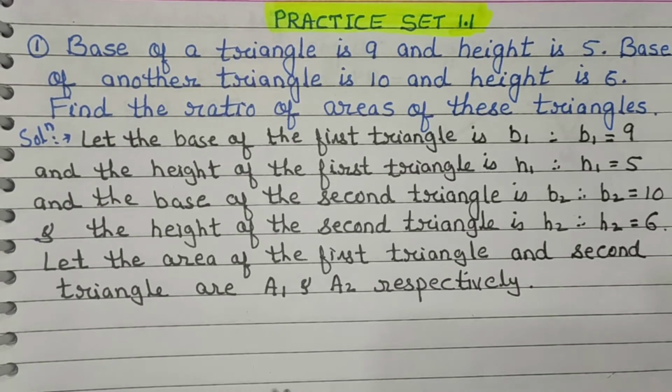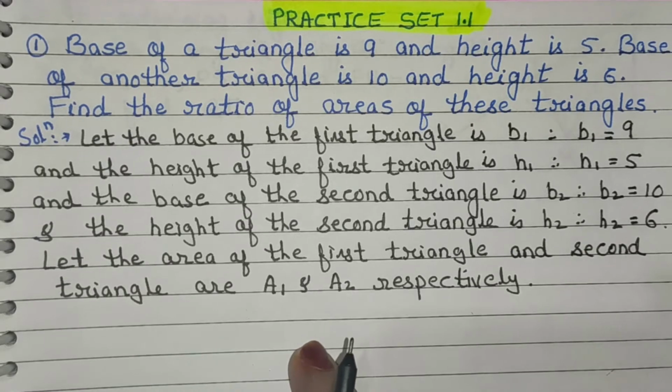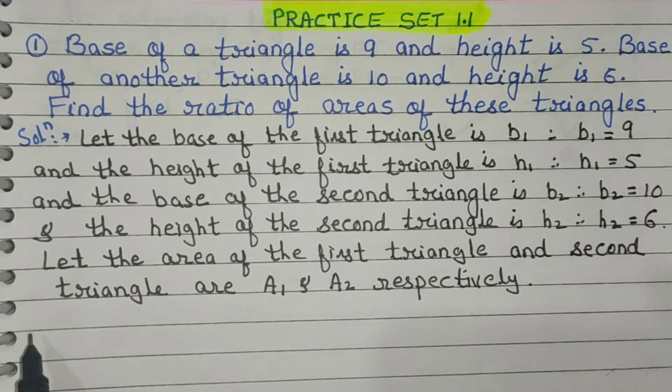Now, we know that the ratio of areas of two triangles is equal to the ratio of the products of their bases and corresponding heights. Write down here.